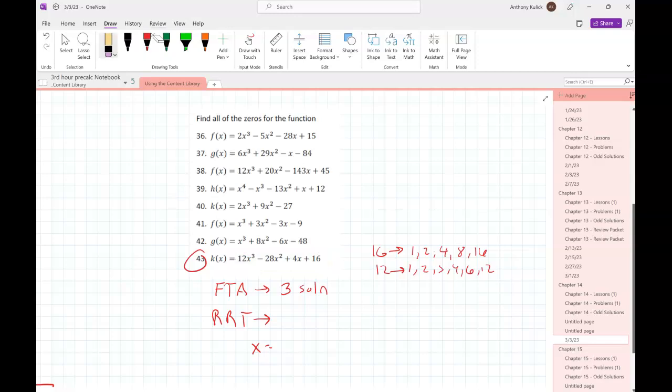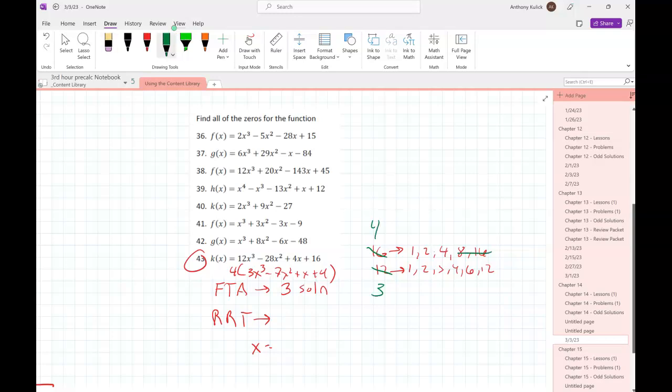If I look at the coefficients, what do you notice about all of them? They're all divisible by 4. So really, I can just treat the leading coefficient as 3 and the constant term as 4. Oops, put them in the right place.